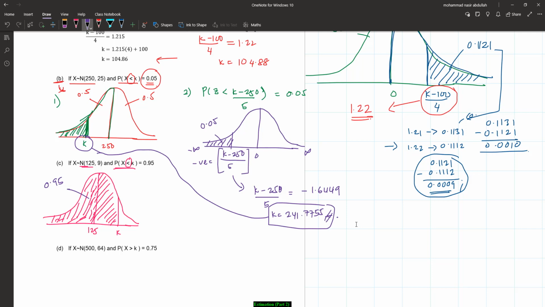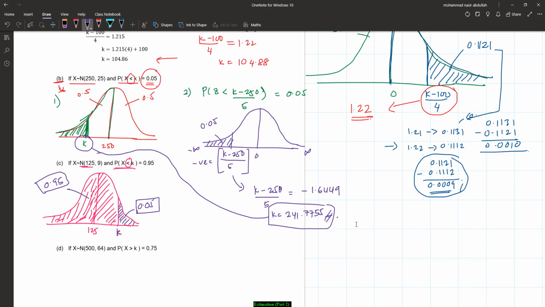Right, so we want to find this area, and the balance area is 0.05. So it doesn't matter whether we concentrate on this or on 0.05, because the value of K is still there. It will not change. So we can change the notation.